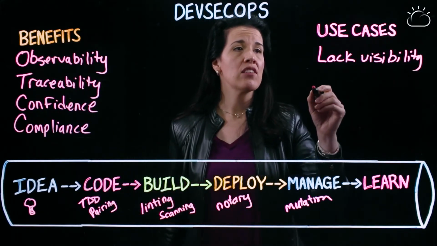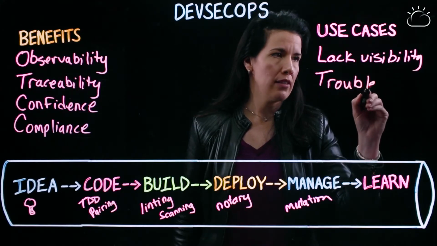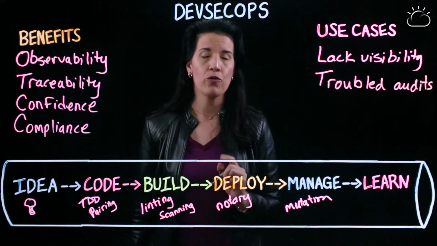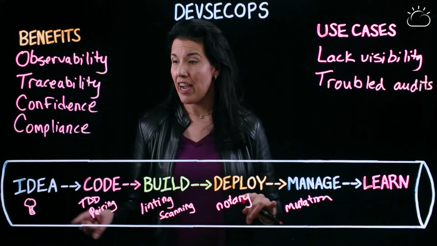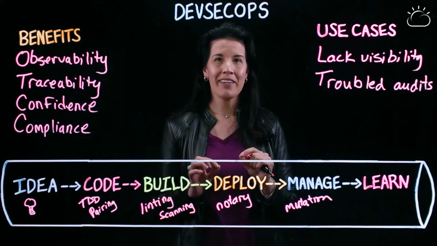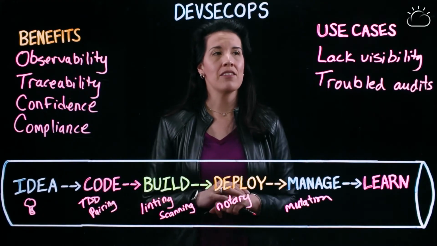If you have cases where you are troubled with audits and being able to prove with empirical data that what you are delivering is in fact what you started out with in the beginning of the pipeline, empirically tracing back all the way through from beginning to end.